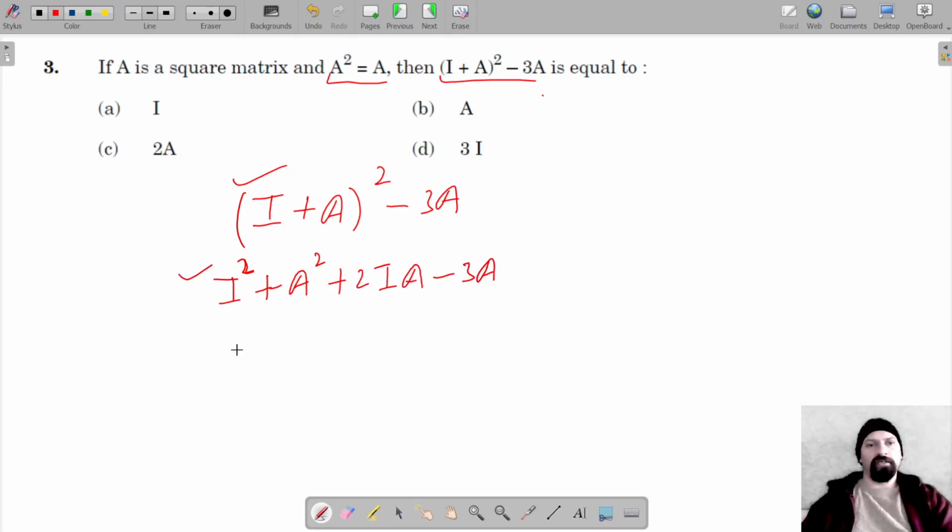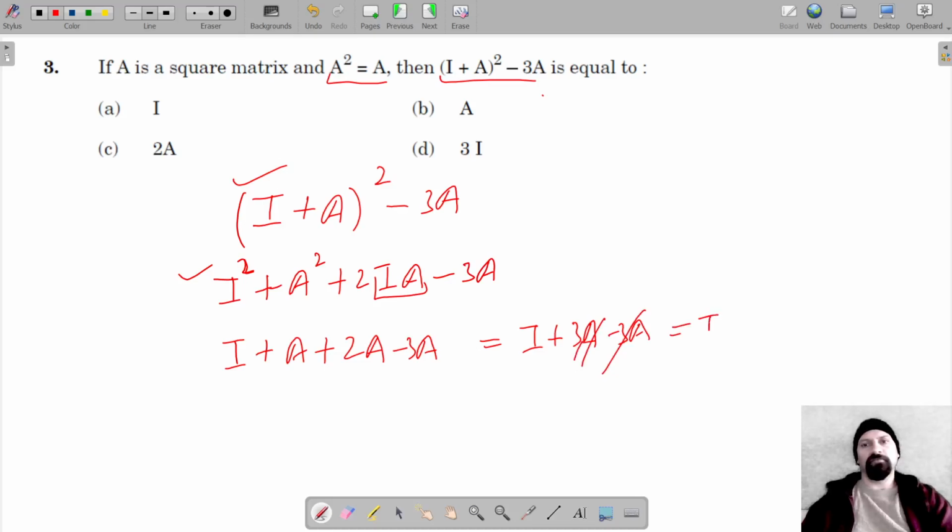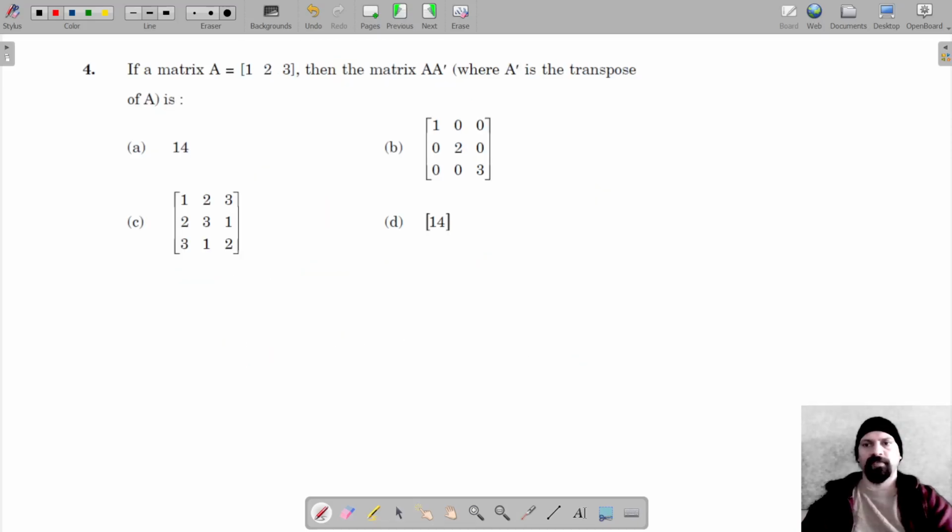Now the square of the identity matrix is the identity matrix itself. A square, it's given it's A, and 2 identity matrix into A will give us 2A minus 3A. So this is equal to identity matrix plus A plus 2A is 3A minus 3A. This gets cancelled and we are left with the identity matrix. So A is the answer for this one.